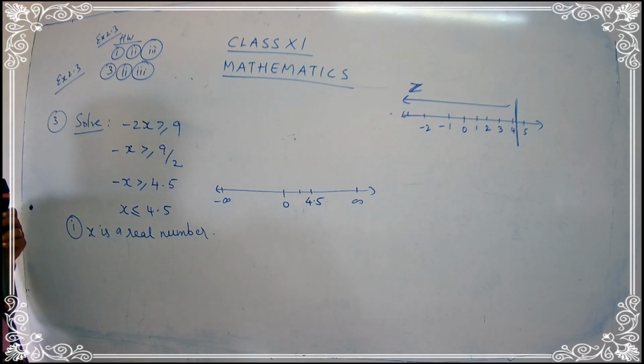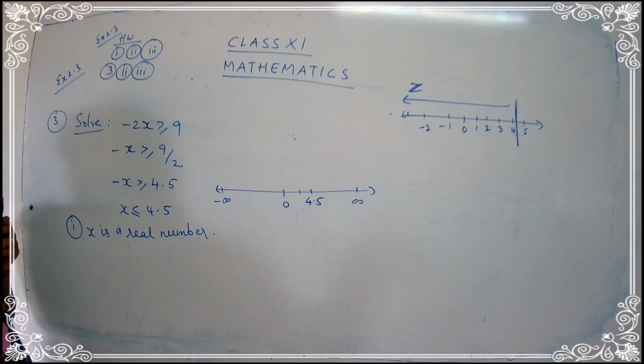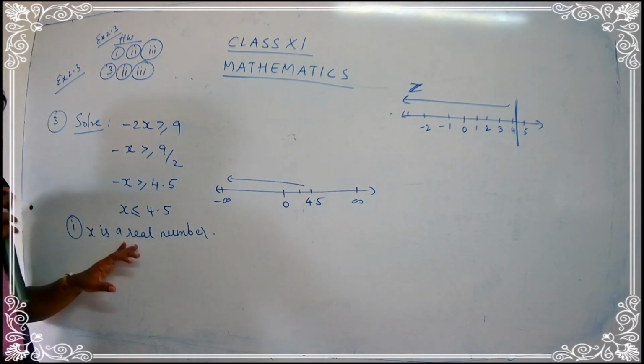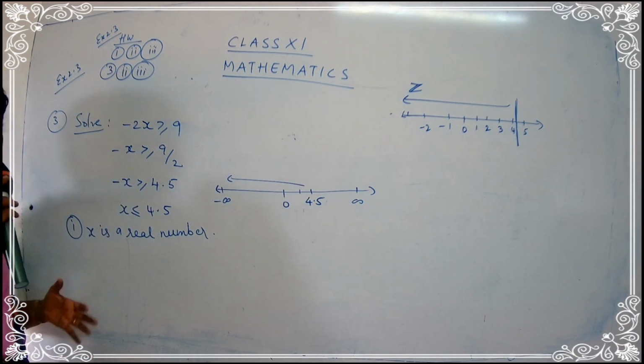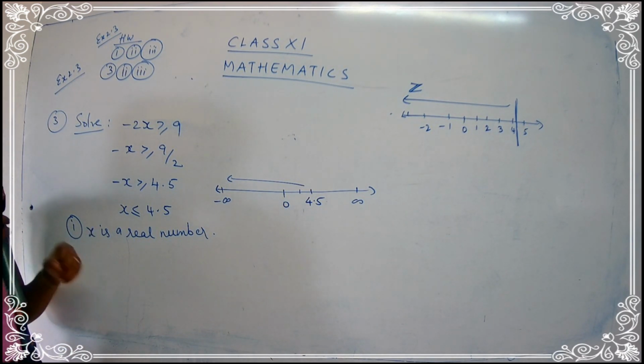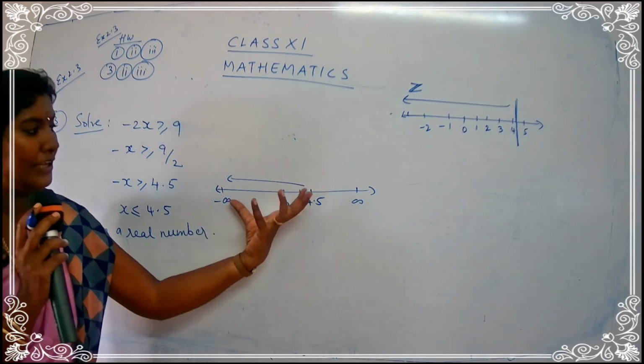X is less than or equal to 4.5. Less than or equal to 4.5 means what? Less than means which side are you going to travel? You're going to travel to the left side. Come to the left side here. And I have told you that real number means every number will be included there. Natural number, whole number, integers, everything will come under the real number. So you can take the numbers from minus infinity. Okay, children, because everything will be covered.